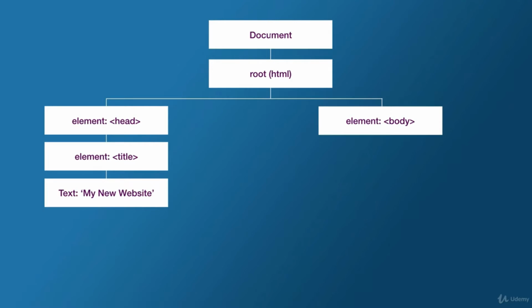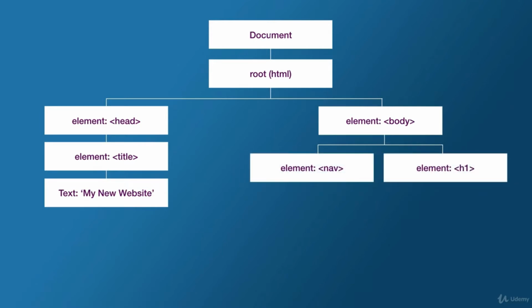So let's continue working now on the right. For example, we have a body, and inside we have a navigation and we have a heading one. Something really simple. You can see we have two new elements, navigation and a heading one or an h1. Let's start in the navigation. Inside the navigation, you are going to have an anchor.